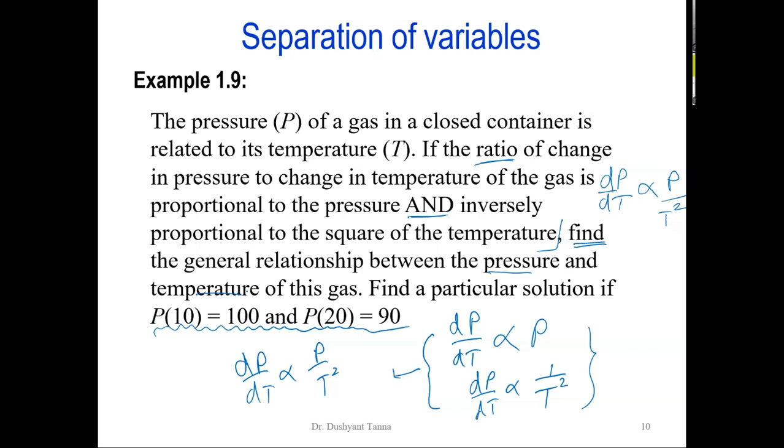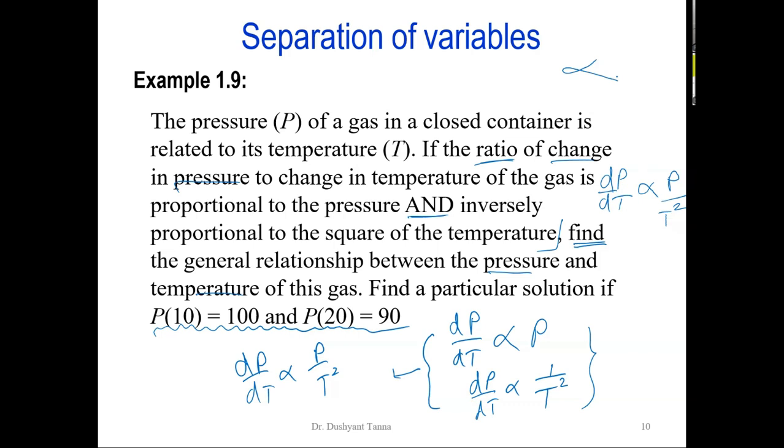The pressure P of a gas in a closed container is related to temperature. We are talking about P and T. The ratio means your mind should say we are talking about a division of change of pressure, dP, to the change of temperature, dP over dT. That's what I'm talking about. This is the symbol of proportionate to, not an alpha.